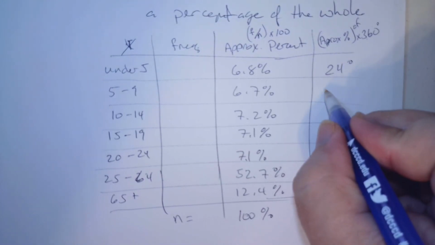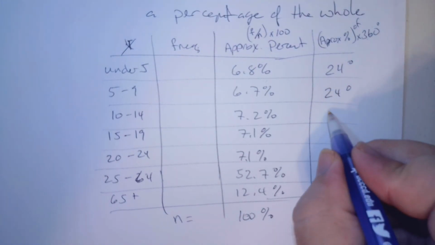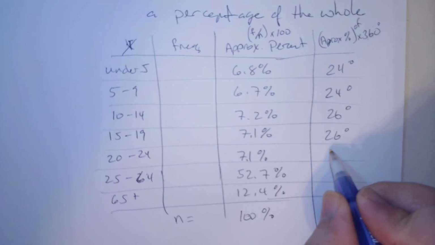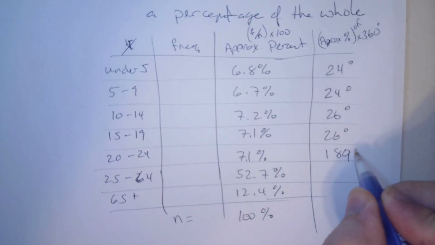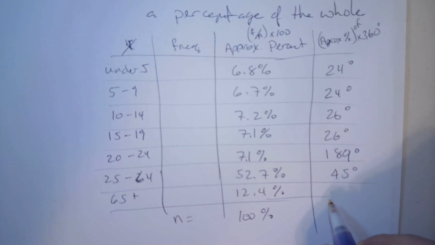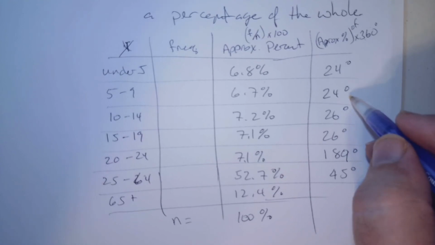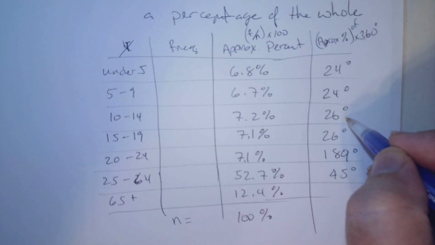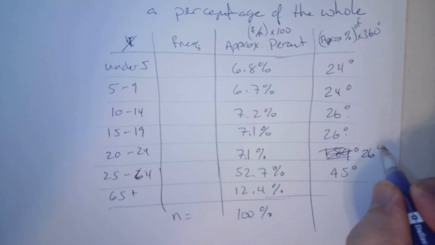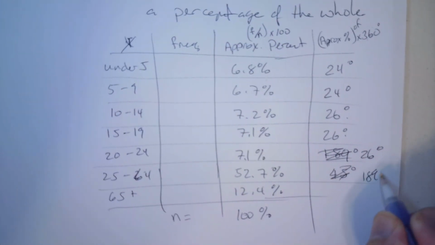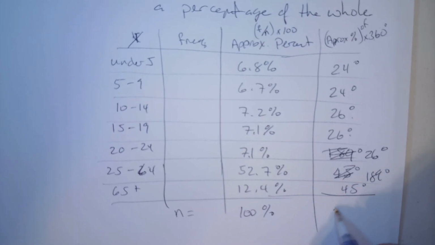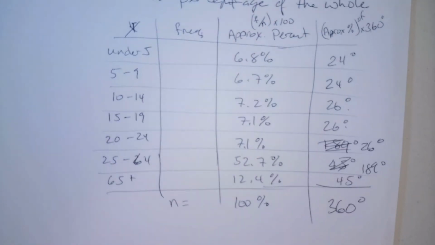We get approximately 24 degrees, 24, 26, 26, 26, 189, and 45. Add them all up, you should get 360 degrees.